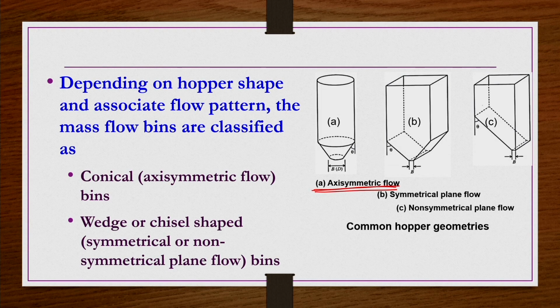We have a cylindrical section, and then a conical hopper, a cylindrical steep bin to which a conical bottom section is attached. Such things are known as axisymmetric flow, where the center axis of the opening as well as the container align to the same vertical line like this.